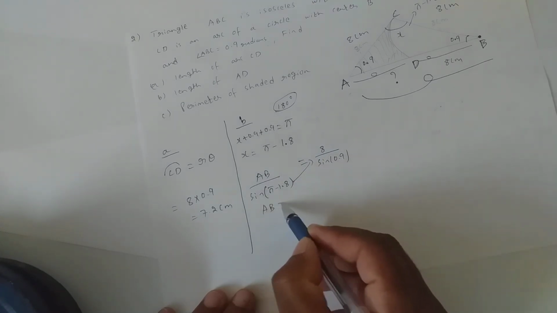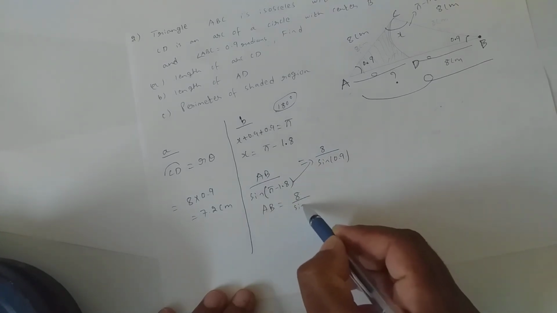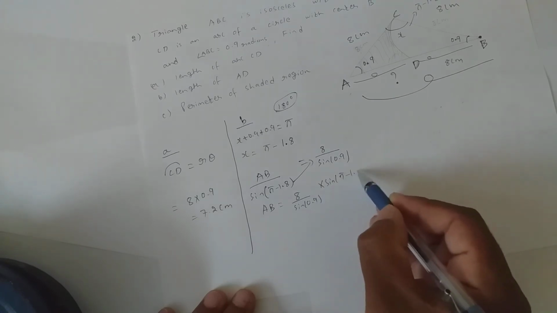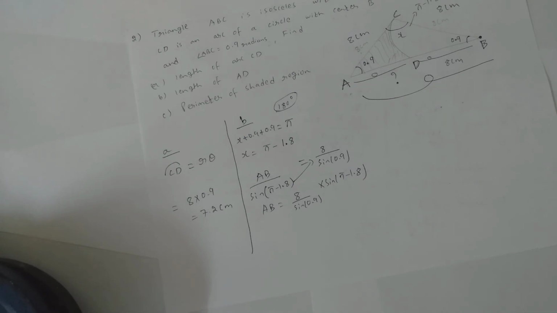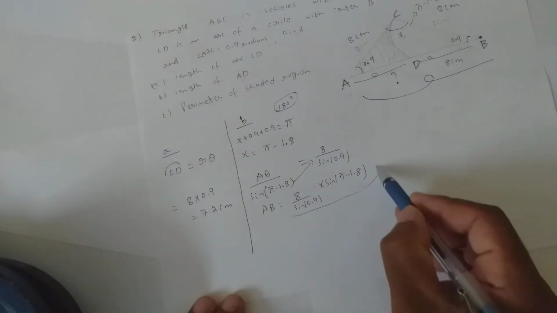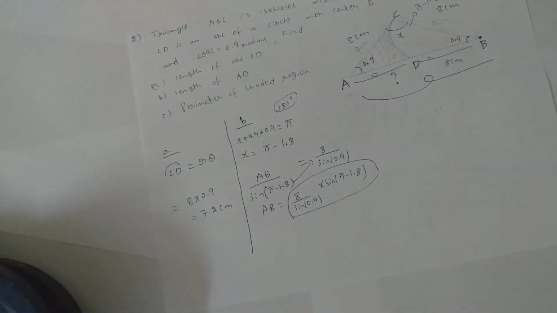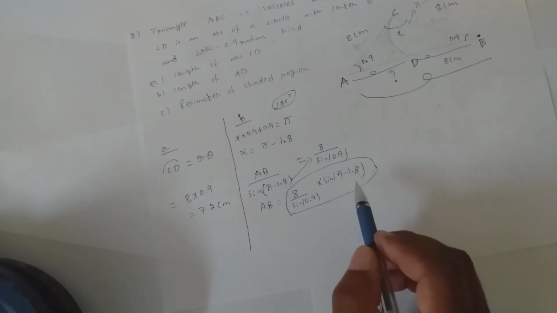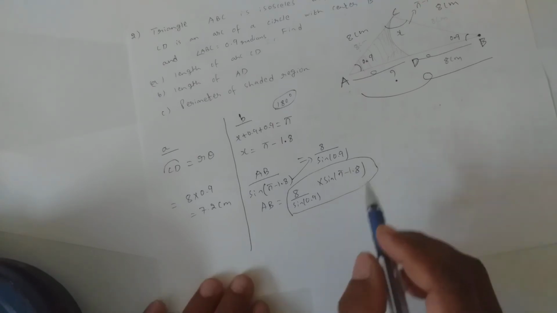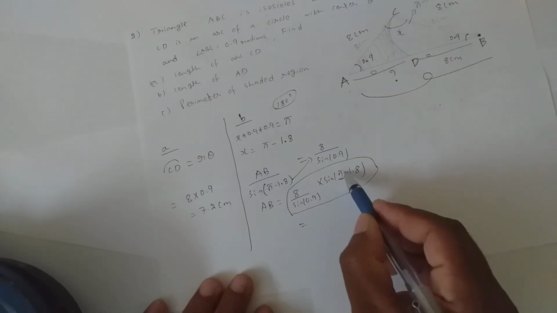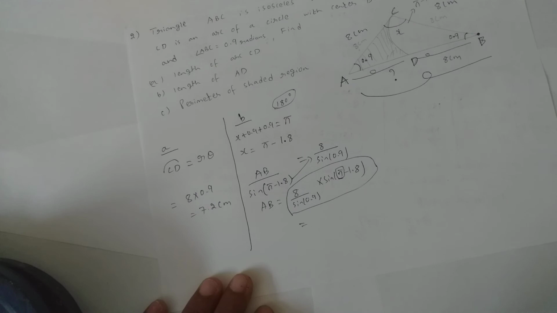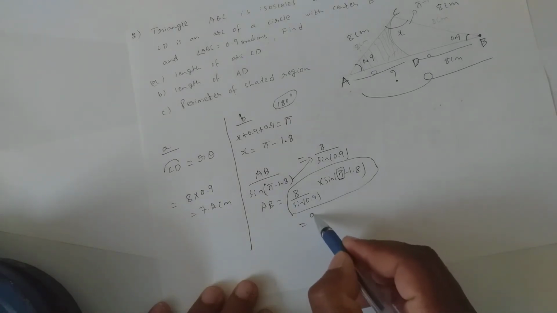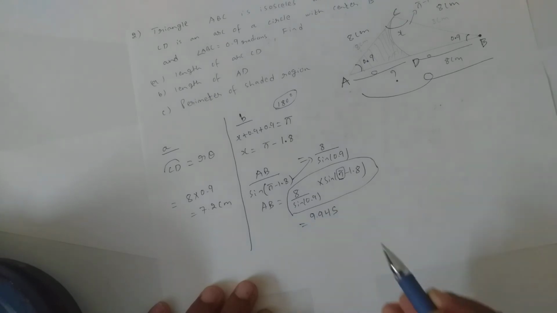So AB equal to 8 by sine 0.9 into sine of pi minus 1.8. Place this entire thing in the calculator at once. If you put first a divide then multiplication, it might go wrong somewhere. Here the pi key should be used. You should not replace pi by 3.14 or anything. So if you put, you get the answer to be 9.945.